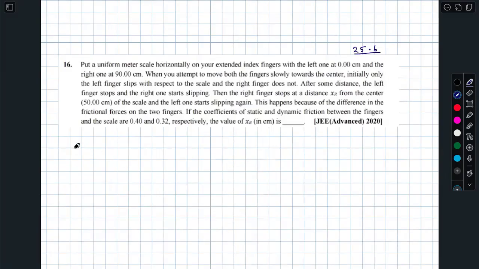For example, imagine that this is the stick. This is the center of the stick through which the weight mg acts.